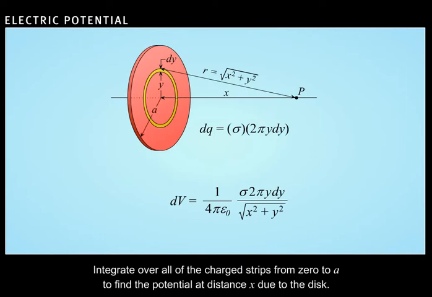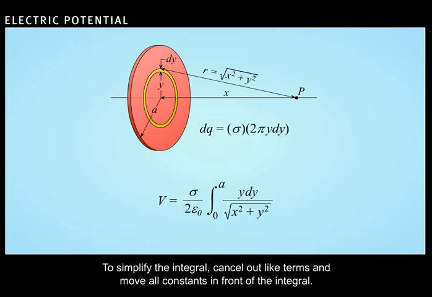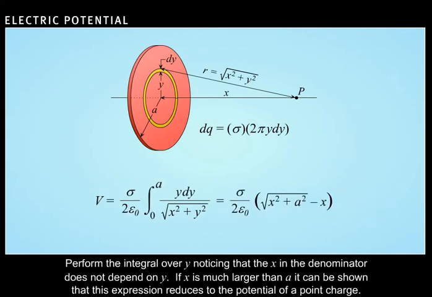Integrate over all of the charged strips from 0 to a to find the potential at distance x due to the disk. To simplify the integral, cancel out like terms and move all constants in front of the integral. Perform the integral over y, noticing that the x in the denominator does not depend on y. If x is much larger than a, it can be shown that this expression reduces to the potential of a point charge.